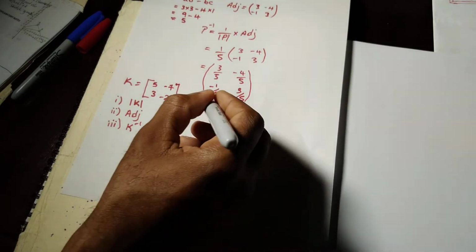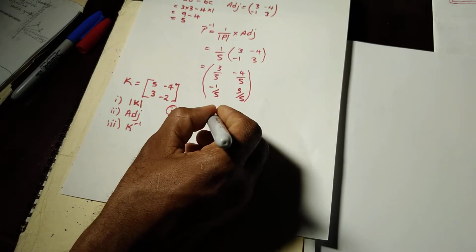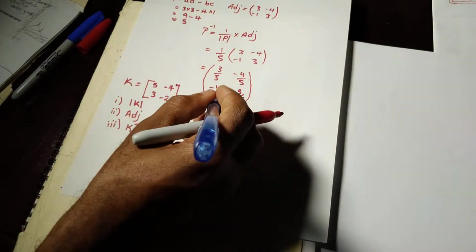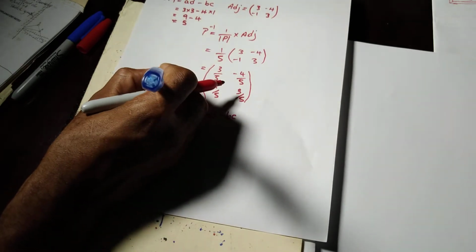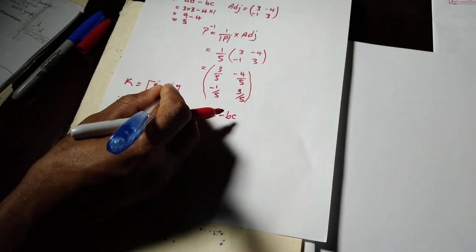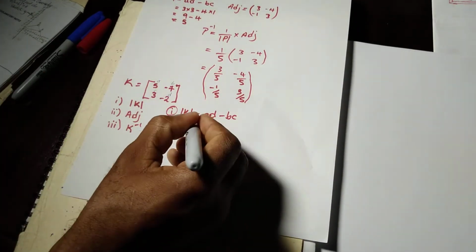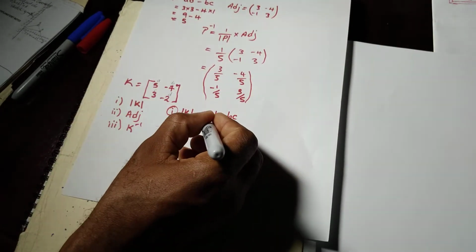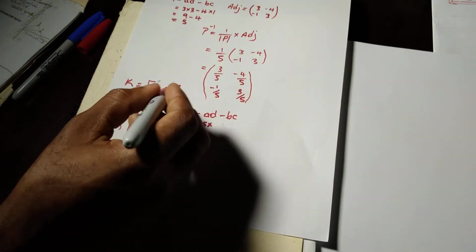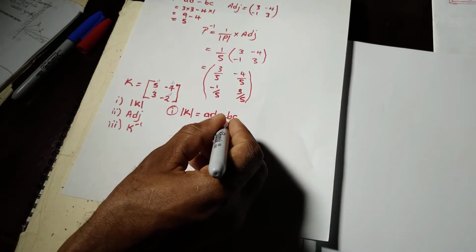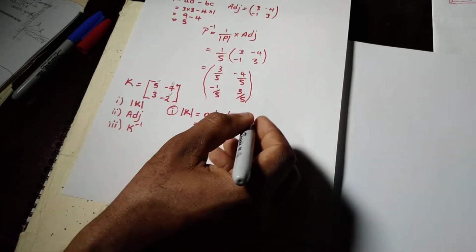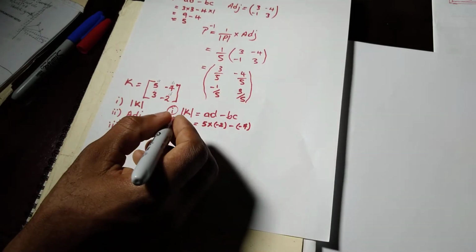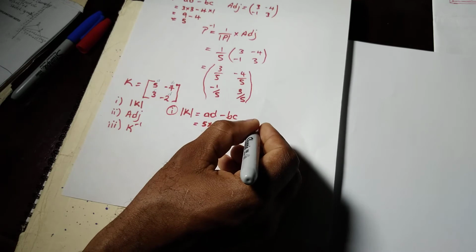The determinant of any matrix is AD minus BC. So this is A, this is B, this is C, this is D. So it's going to be A, which is 5, times D, which is minus 2, minus B, which is minus 7, times C, which is 3.